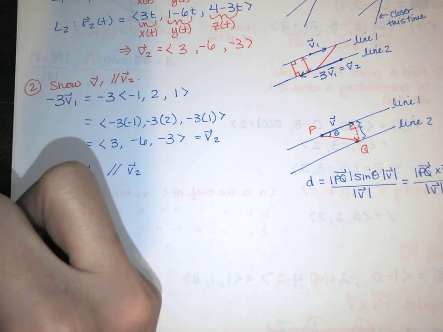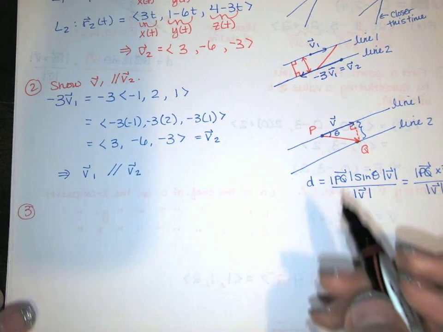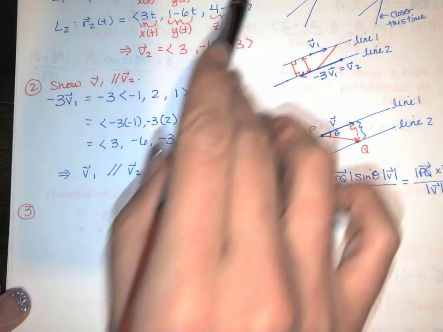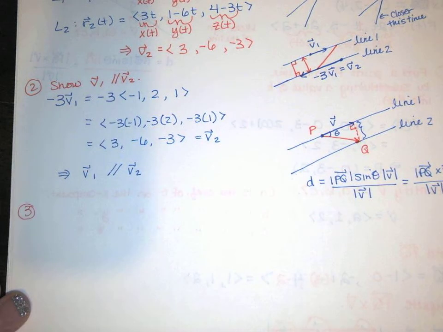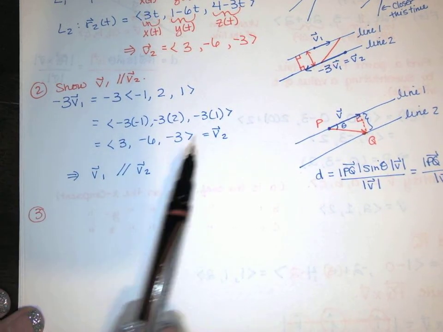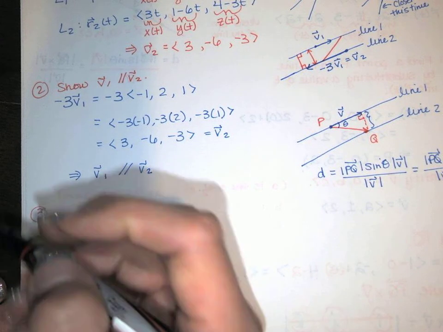Okay. So the third thing I want to do after finding the direction vectors and showing that the vectors are parallel is find a point Q on the second line.